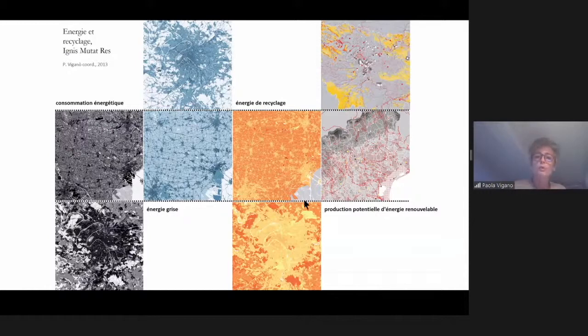The scope was not to demonstrate that one was better than the other, the compact or vice versa the diffuse, but to show that you have to treat those configurations in different ways, and that nevertheless the diffuse city had a lot of positive elements.